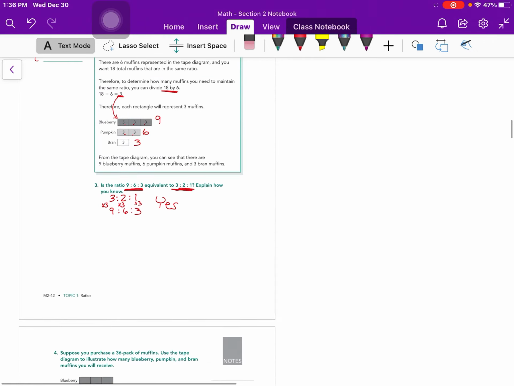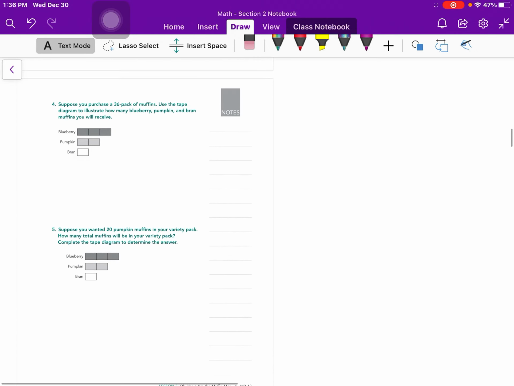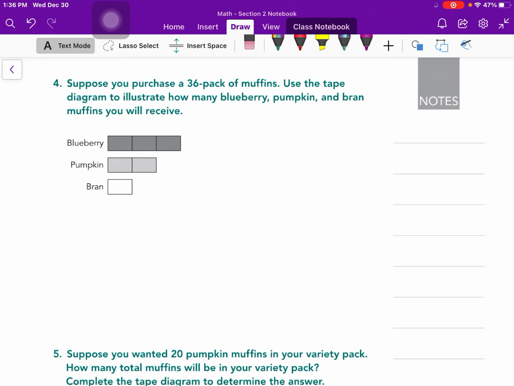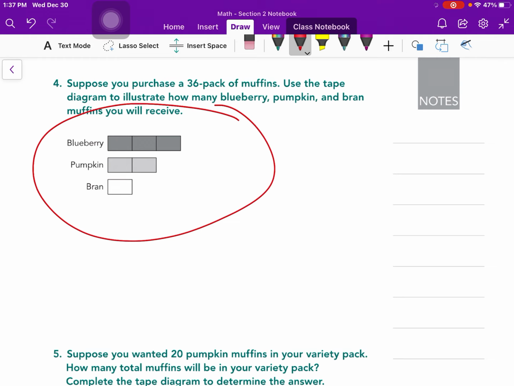Well, let's try a couple more tape diagrams. Suppose you purchase a 36-pack of muffins. Use the tape diagram to illustrate how many would be blueberry, how many pumpkin, and how many bran. All right, so here's what I know. I know this whole thing equals 36 muffins.